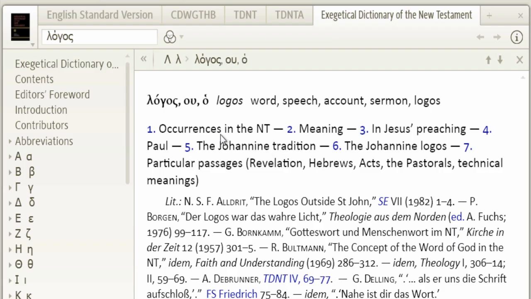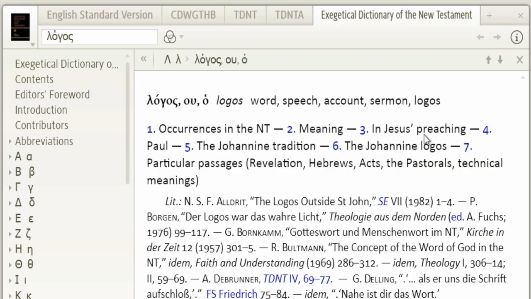Here you can see that it lists occurrences first, goes over the meaning, and then it talks about the word, gives commentary on the word in the sections relating to bodies of literature. So whereas TDNT looked at the word over a period of time in different historical periods, this article looks at the word in its different bodies of literature.